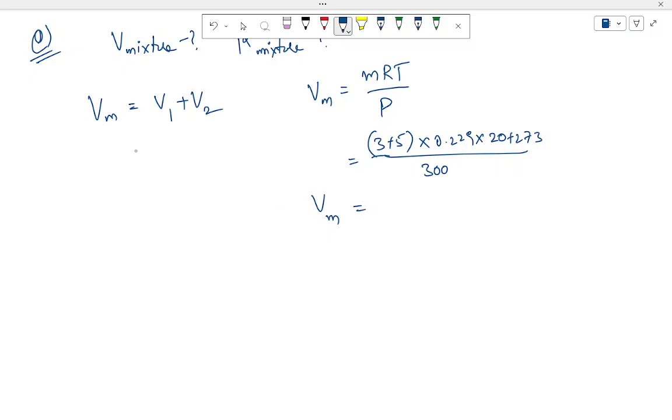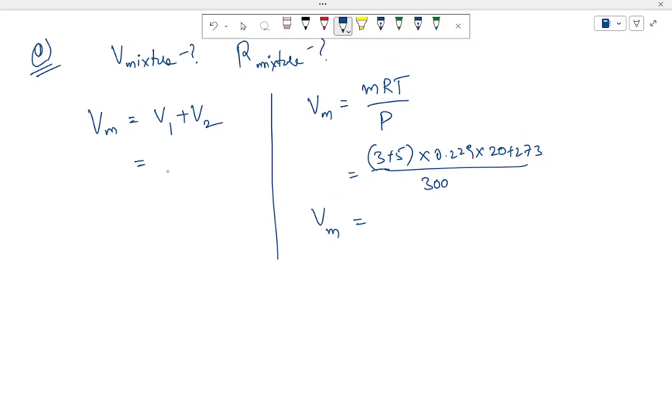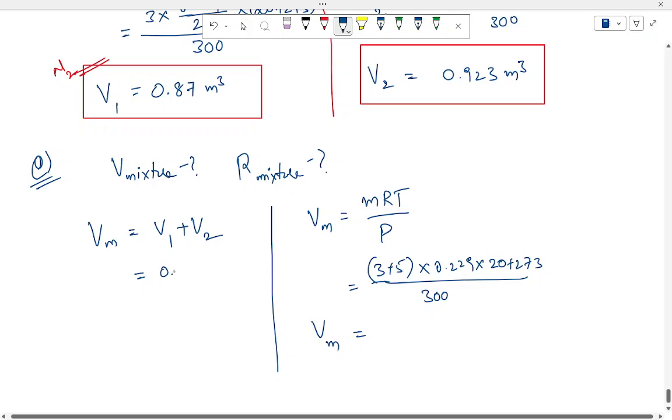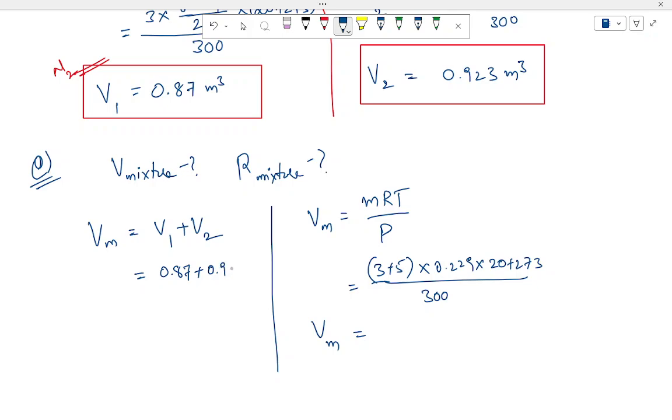This is one way of doing it, and V1 plus V2 is a simpler way of doing it. That is the 0.87 value you got previously, and the V2 value you also got previously, that is 0.923. So both ways you will get the same answer. V of mixture will be equal to 1.79 meter cube.